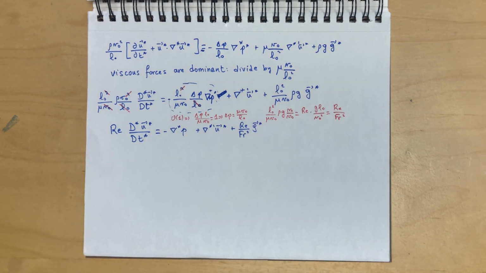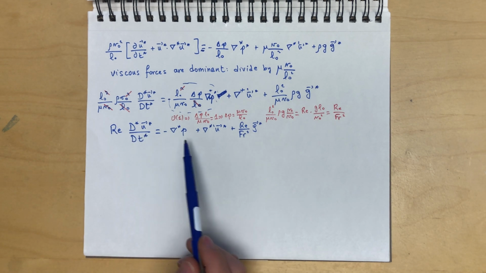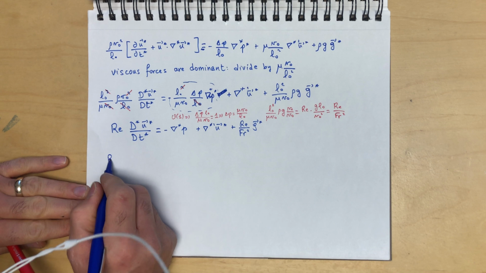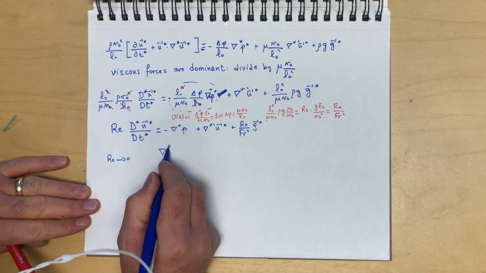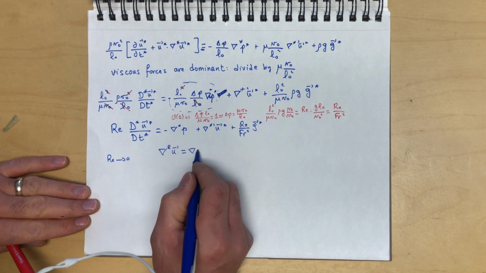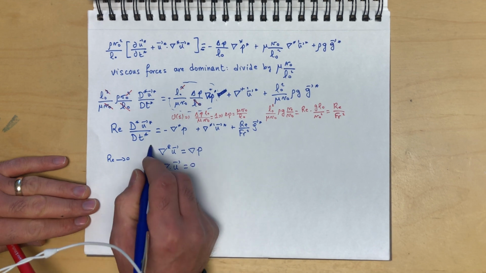Now this is a much better looking equation because as the Reynolds number approaches 0, we can still have a driving force given by this grad P. So as Re approaches 0, we get a balance between viscous forces, del squared U equals grad P, and div U equals 0.